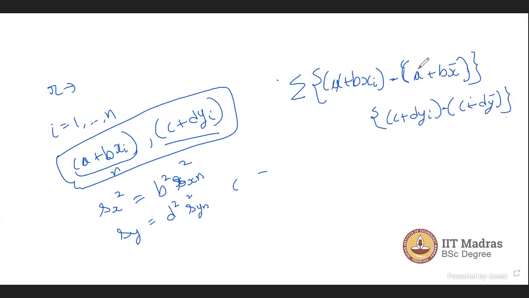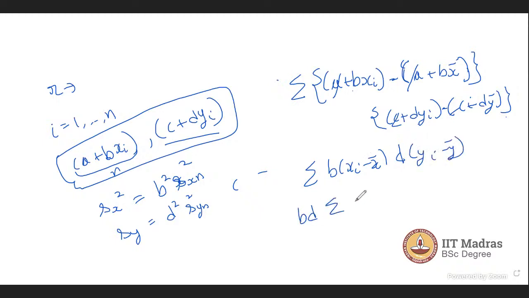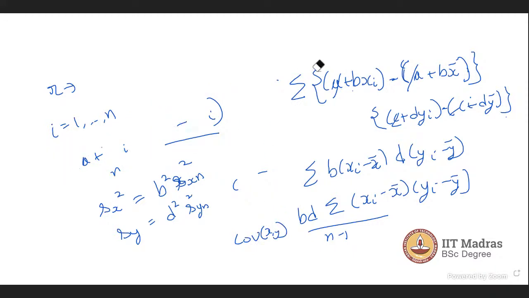So a gets cancelled: it's b times xi minus x bar, and c gets cancelled: d times yi minus y bar. So it's summation b d times xi minus x bar times yi minus y bar. If I divide it by n minus 1, it will be the sample covariance.